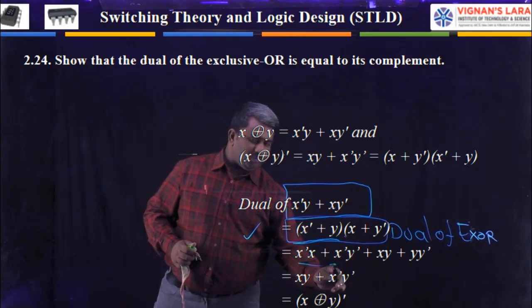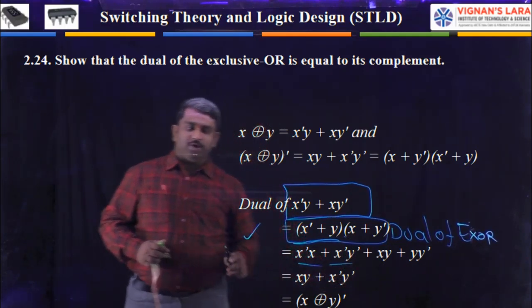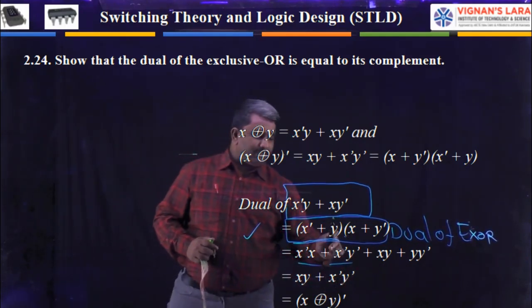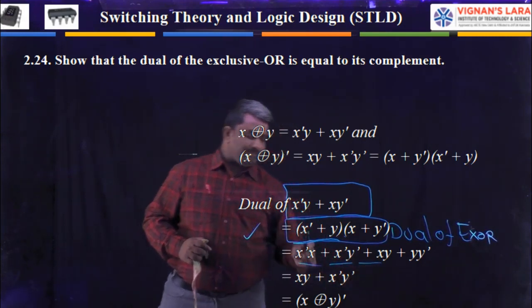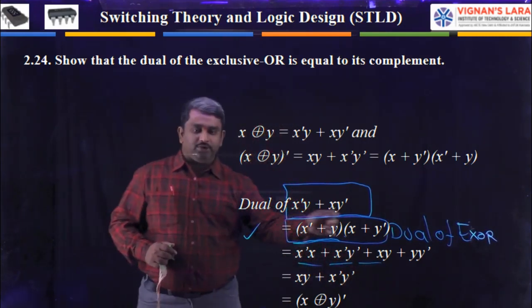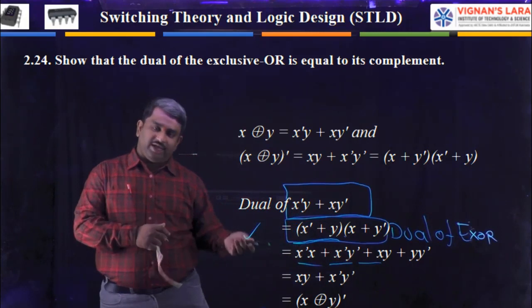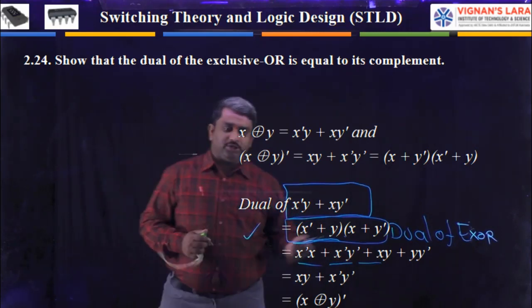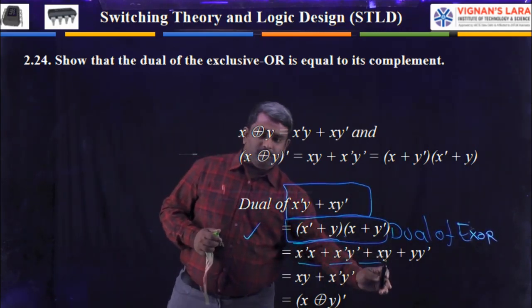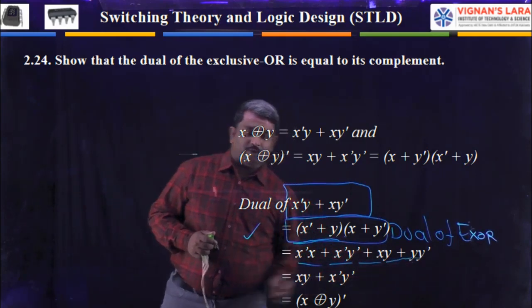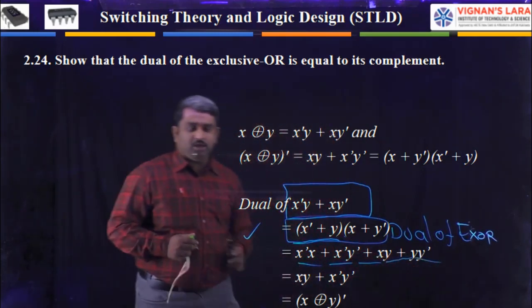The next term is XY; here Y into X, YX is equal to XY, by the commutative property. Next, Y into Y bar.